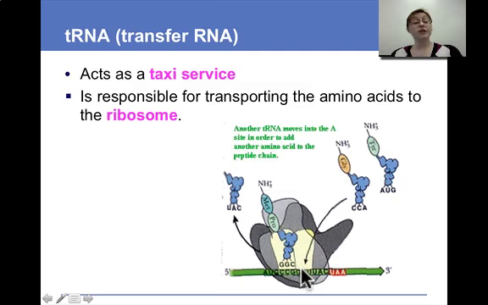But one of the important things to know is that the tRNA is specific to a certain amino acid. So it's not like any tRNA could go out and pick up any amino acid. They match up with one another. And that's really more for security purposes. If we bring the wrong amino acid, then we build the wrong protein.